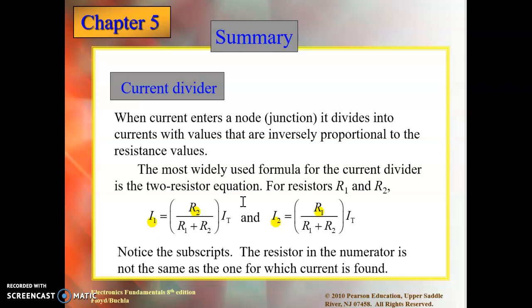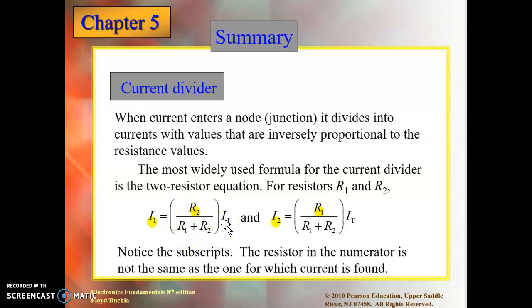The most widely used formula for the current divider is the 2 resistor equation, for resistors R1 and R2. If I want to find the current going through branch 1, or resistor 1, I find the ratio of the opposite resistor over the sum of the resistors, multiplied by I total.